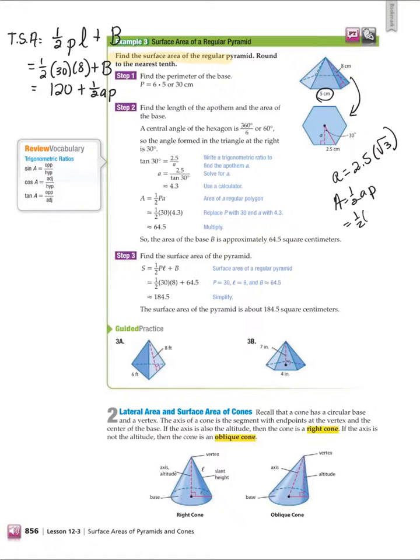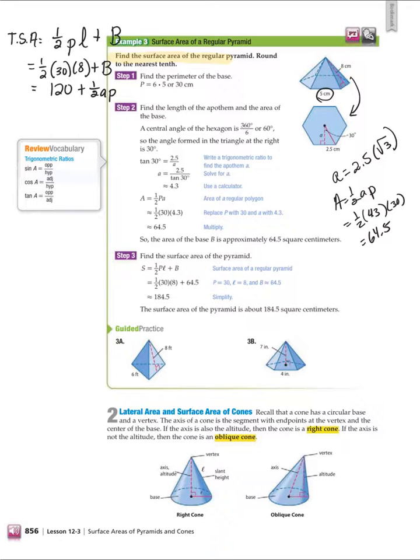That's 1/2. Let's see what our A works out to be. In my calculator, I'm going to put 2.5 times root 3. Arrow out of that. So I'm going to get about a 4.3 for my apothem. And then my perimeter is 30, still 30. So 4.3 times basically 15 is 64.5.